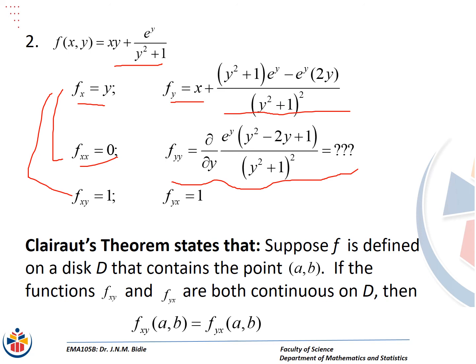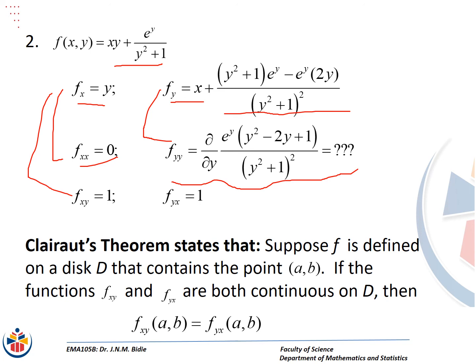Note that the first term is x in the first derivative with respect to y, hence it doesn't feature in the second derivative because we know the derivative of x with respect to y will give you a 0. So the only differentiation that we're left with is of the second term. What will be the answer for fyy?